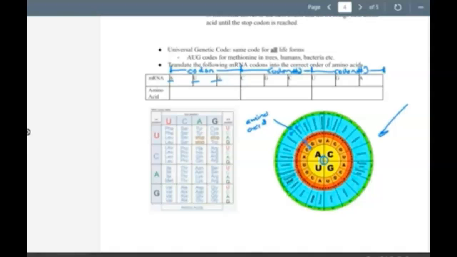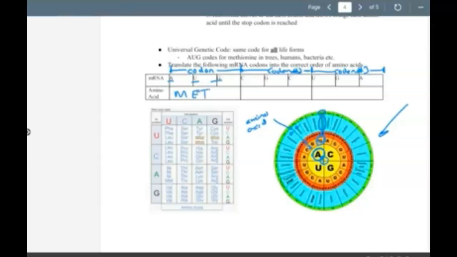AUG, that's going to be A here, U here, G here. And so the amino acid for that first word is methionine. Now, I don't want to write that because I'm lazy. So there's an abbreviation in the last circle that I'm going to use. MET.